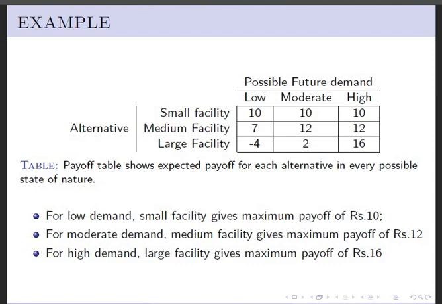For moderate demand, a medium facility gives maximum payoff, while for high demand, the large facility gives maximum payoff. Here we are certain which type of alternative we have to choose depending upon the future demands.